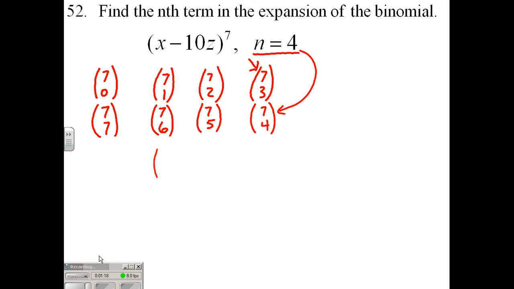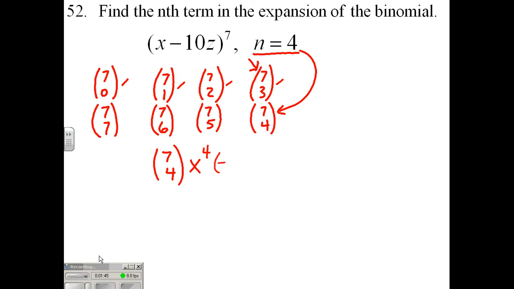So I'm going to set this up as combination 7,4, but I want to check how many x's I need. I know I need some x's, and I know I need some negative 10z factors. So x's, I would need 7 x's here, 6, 5, 4. There we go. There's our 4. There's our n value popping up again.